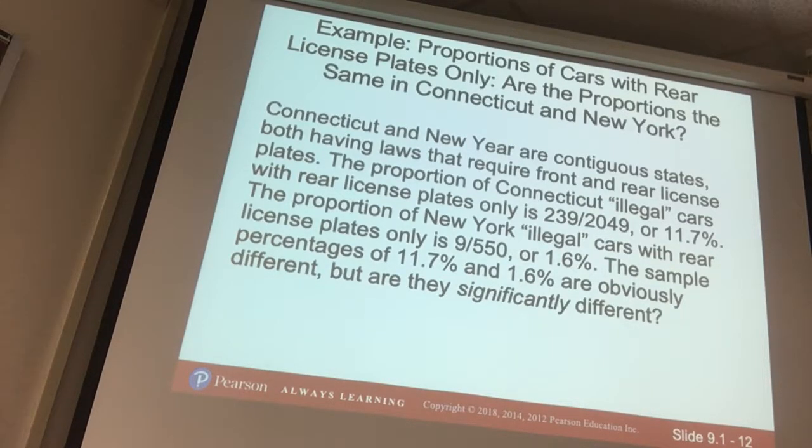The proportion of New York illegal cars with rear license plates only is 9 out of 550, or 1.6%. The sample percentages of 11.7% and 1.6% are obviously different, but are they significantly different?